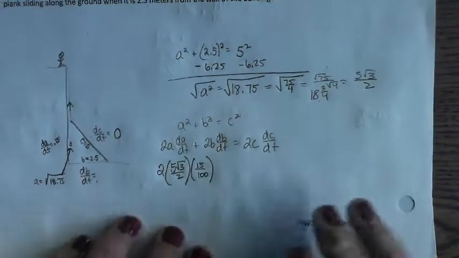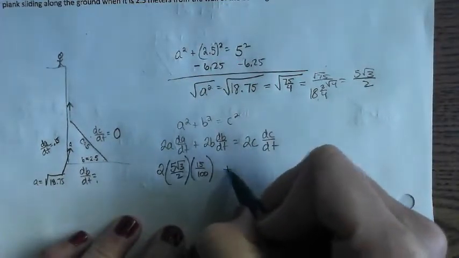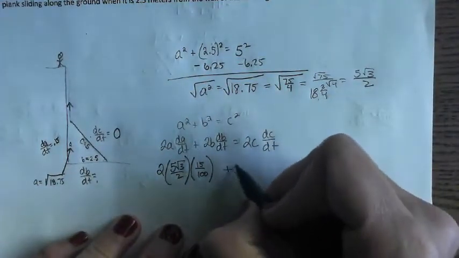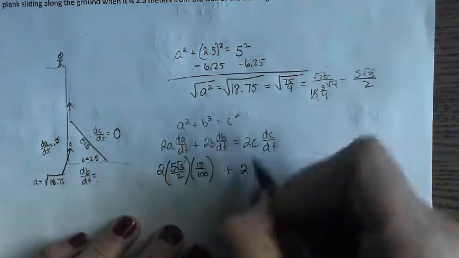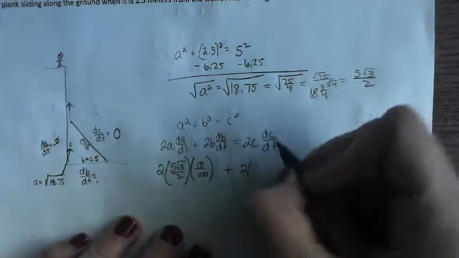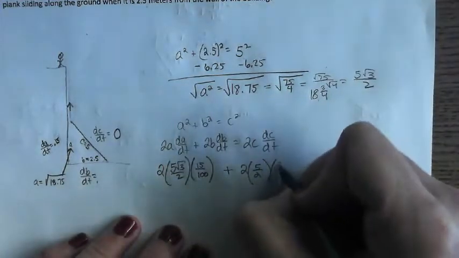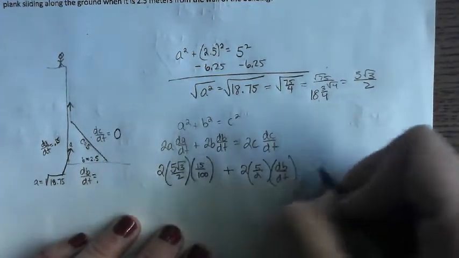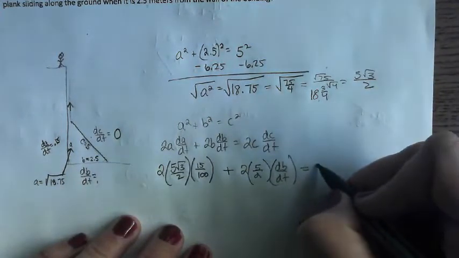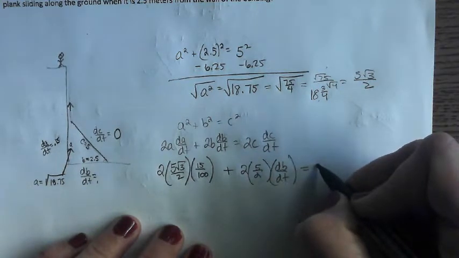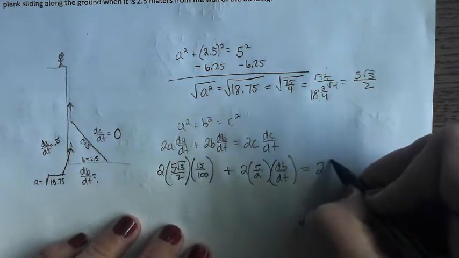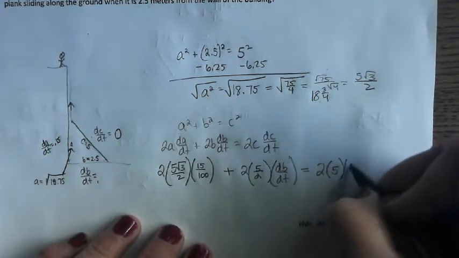I'm going to really work hard not to use a calculator. 2 times B is 2.5. I'm going to make that 5 halves. dB/dt is what we're looking for. I'm just showing my work. C is 5, dC/dt is 0.